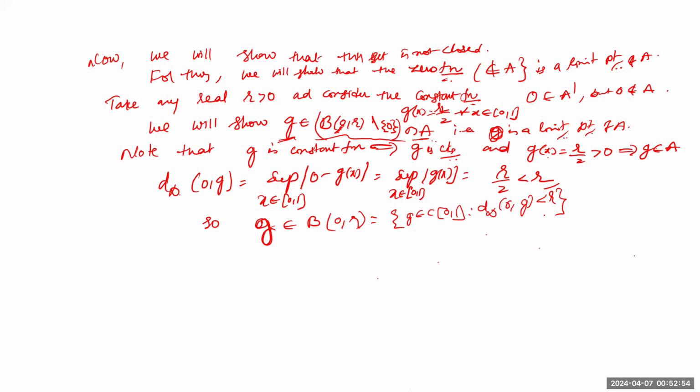So g is not the zero function. It is a constant function which is r by 2.